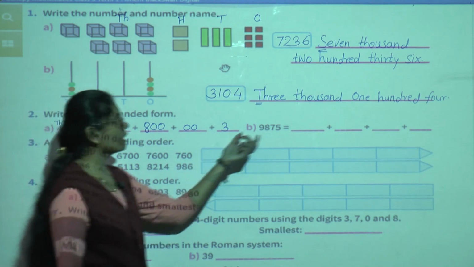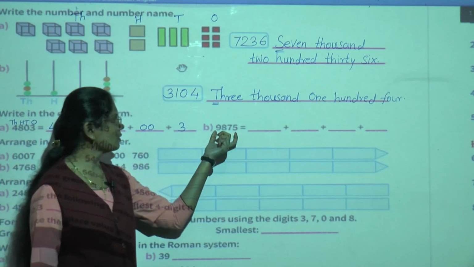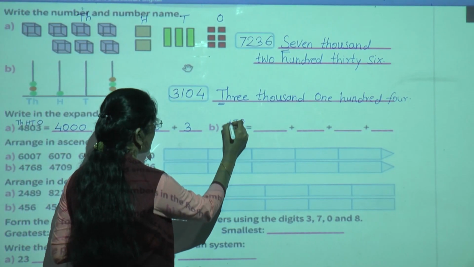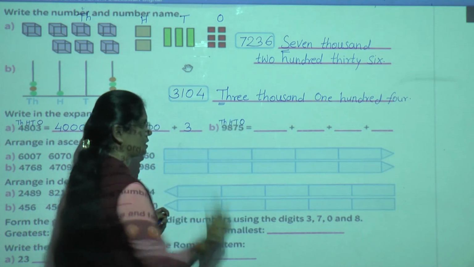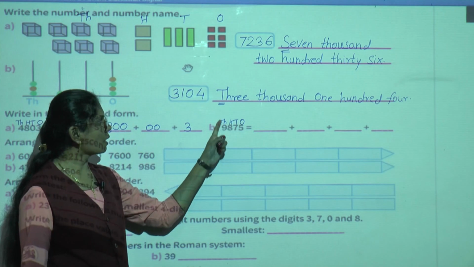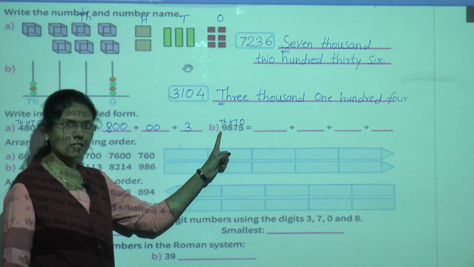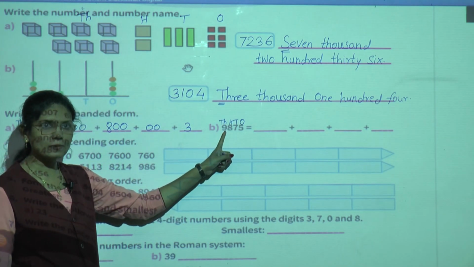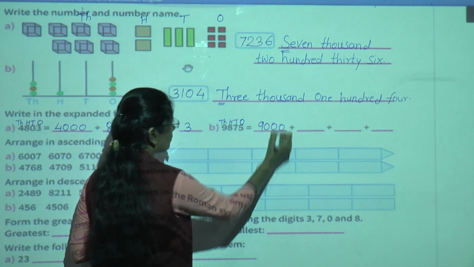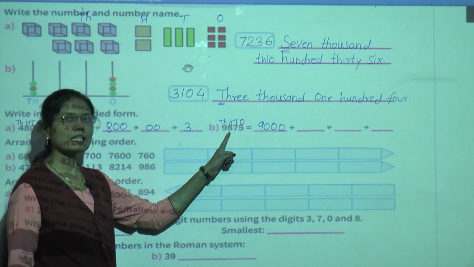Now here they have given one more example. We will solve this also. Put ones, tens, hundreds and thousands letters on the top of the number. Now at thousands place 9 is there. So what will be the place value of 9? 9000. Plus, now at hundreds place 8 is there.